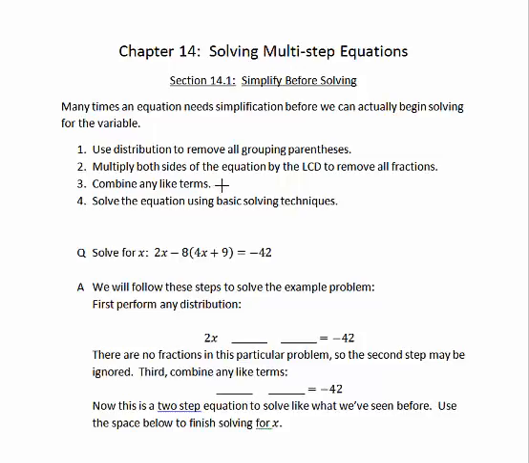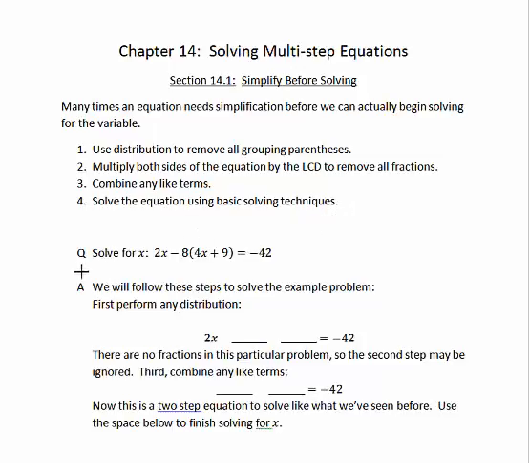Combine like terms, and we already have a little experience with that. 4. Solve the equation using basic solving techniques. By the time we reach guideline 4, we should arrive at something that looks similar to the equations that we solved in Chapter 13.